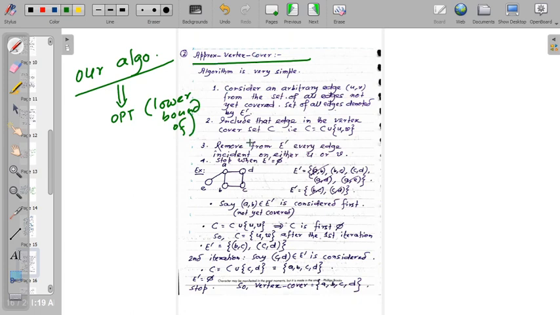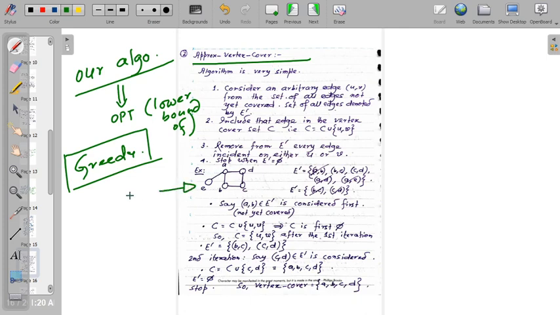This approx vertex cover is a very easy approximation algorithm, and many approximation algorithms are in some sense greedy. So the greedy approach comes in a natural way for designing approximation algorithms.